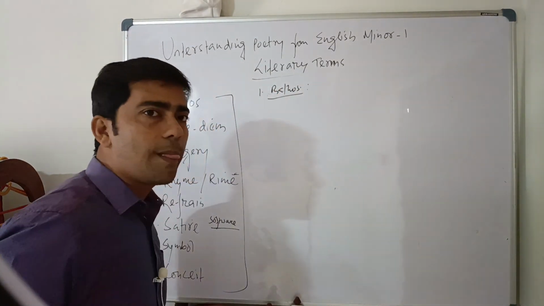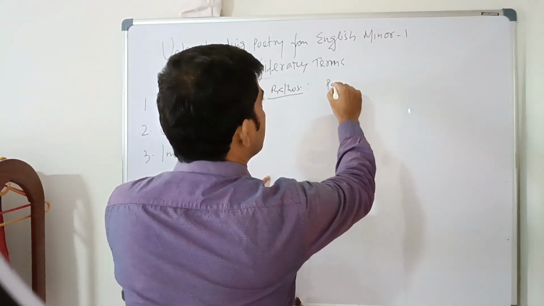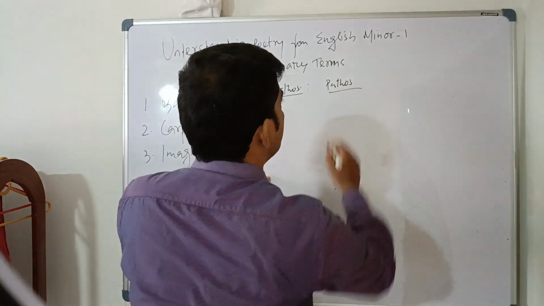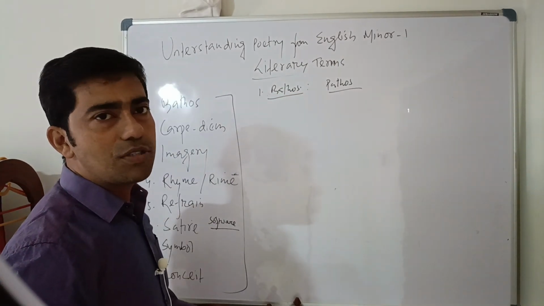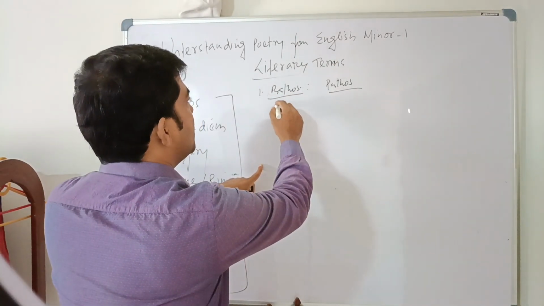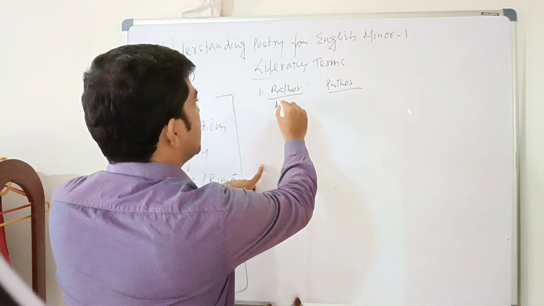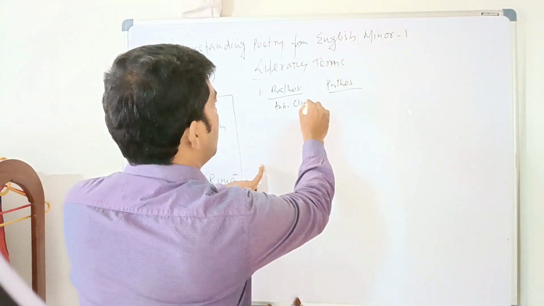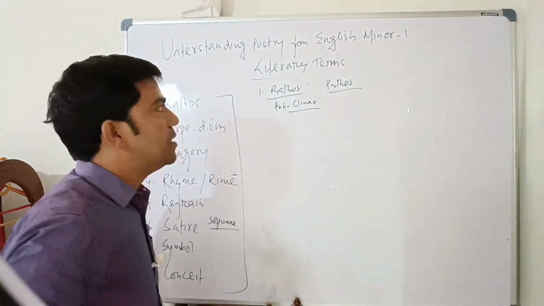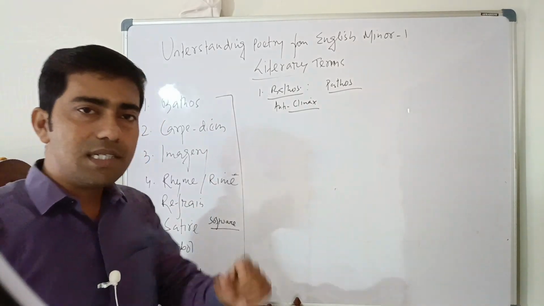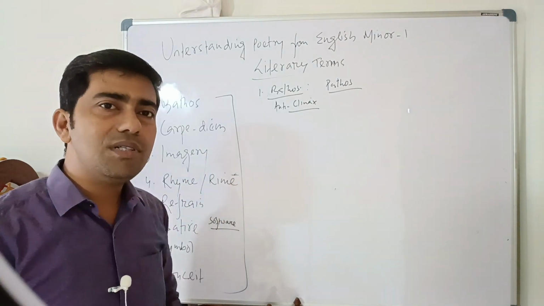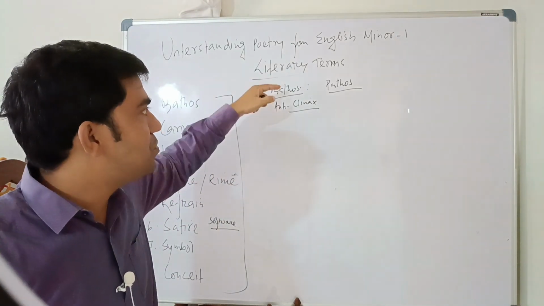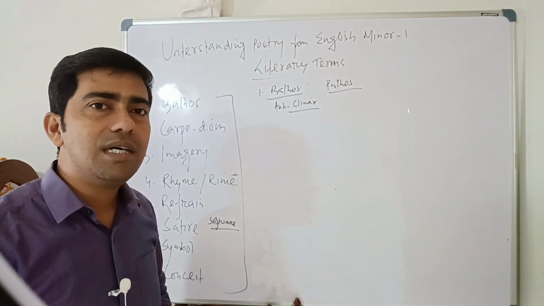What is bathos? Bathos is opposite to pathos, and sometimes it is associated with the figure anticlimax. But there is a distinct difference between these two, bathos and anticlimax.